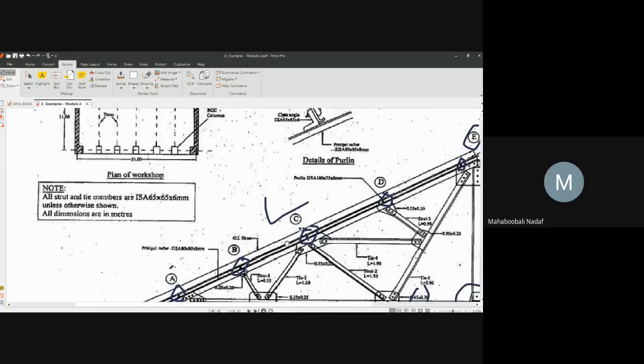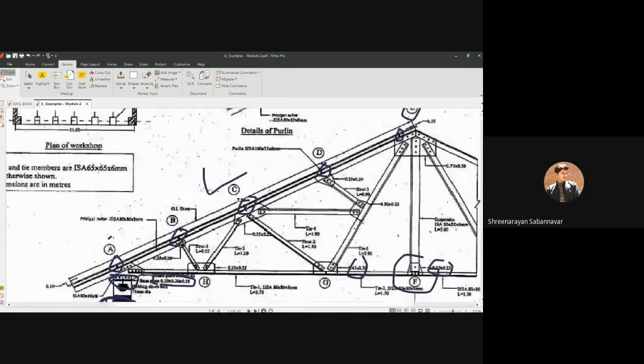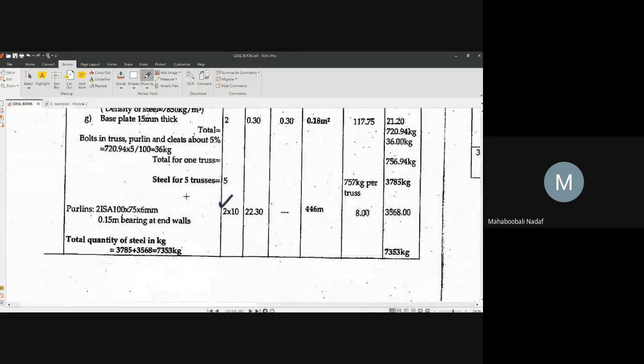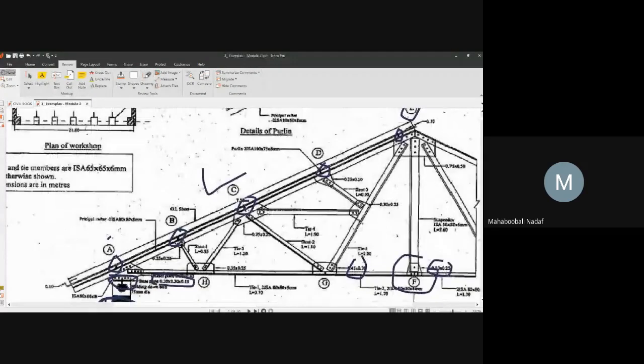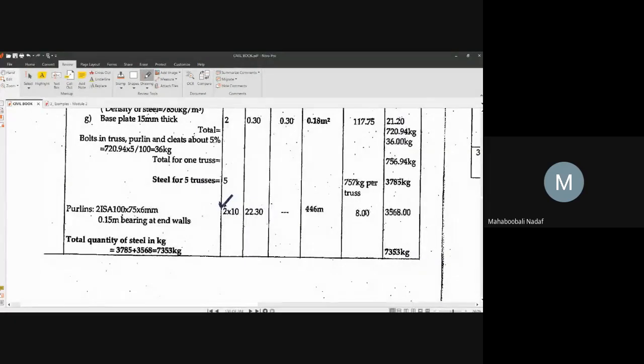Five on this side, five on that side. Very correct. So 2 for each purlin, 10 purlins, its total length and its unit weight, it will be 3568 kg. When you add both these things, you will get 7353 kg.